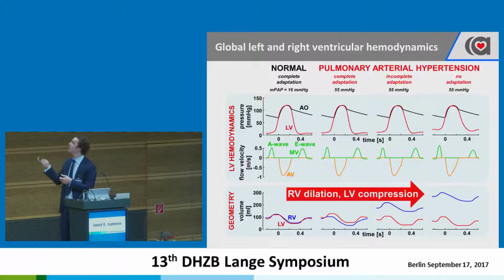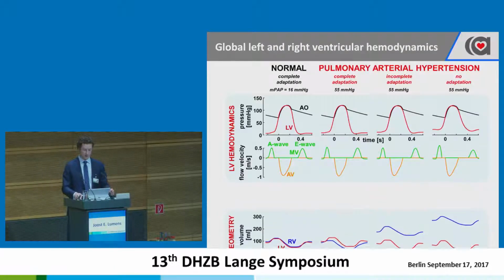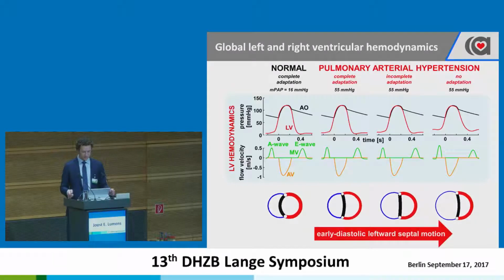And this is what increases actually the diastolic pressures on the left side. And this is also why the inflow pattern of the left ventricle does change with pulmonary hypertension. There are many other reasons, of course, but this is the acute effect coming from our model.